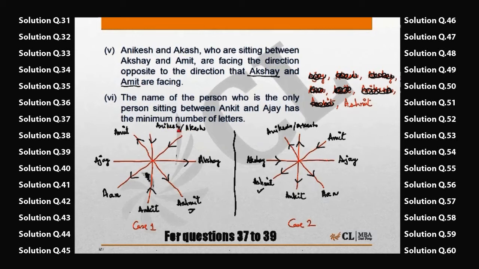If Anikesh is here, Amit and Akash will be in opposite directions. If Akash is here, Amit and Akash will be in opposite directions. Irrespective of where Anikesh is, Akshay and Akash are in opposite directions. Therefore that does not seem to trouble us.